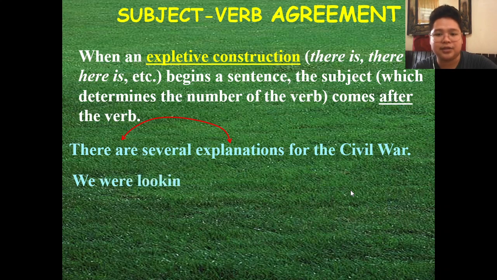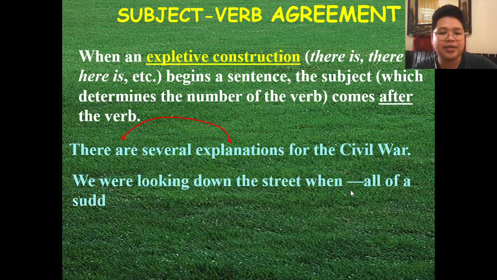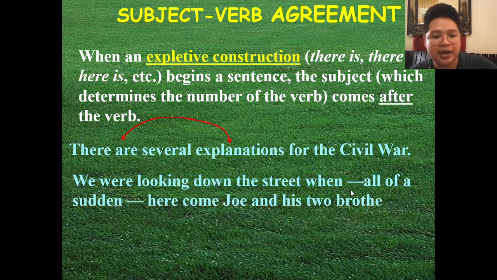Okay, next. We were looking down the street when all of a sudden here come Joe and his two brothers. So the subject here is Joe and his two brothers, which are considered plural nouns. So we use the verb come.